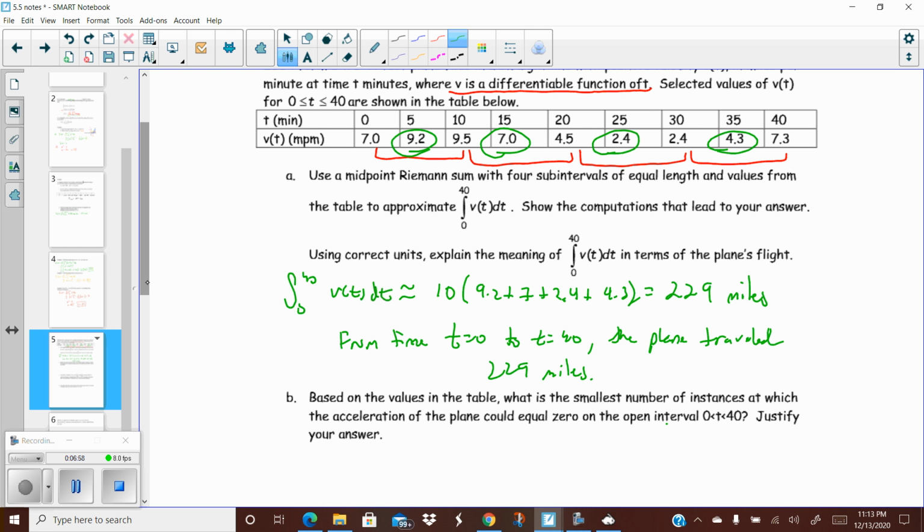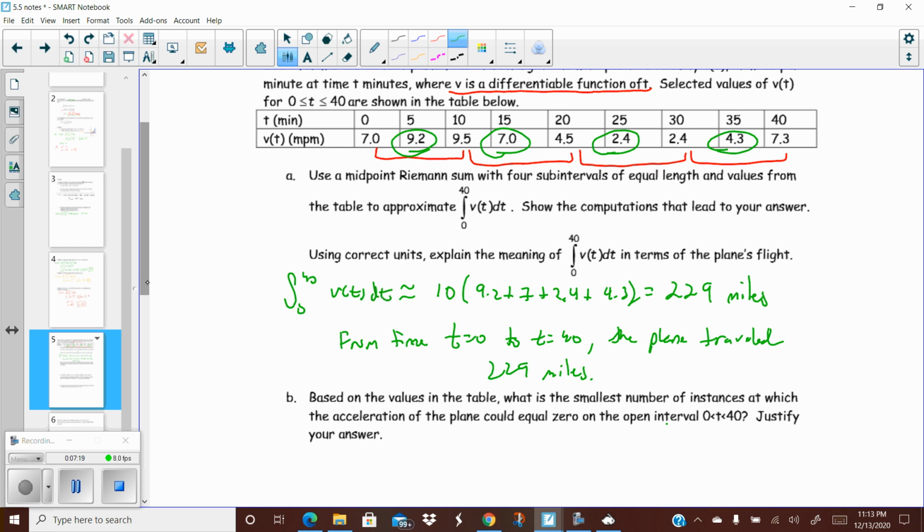So it looks like from the chart, the acceleration has to have been 0 at least 2 times. It could be 0 many, many other times in between these values. We just don't know. But the smallest number of instances seems to be that it would be twice.